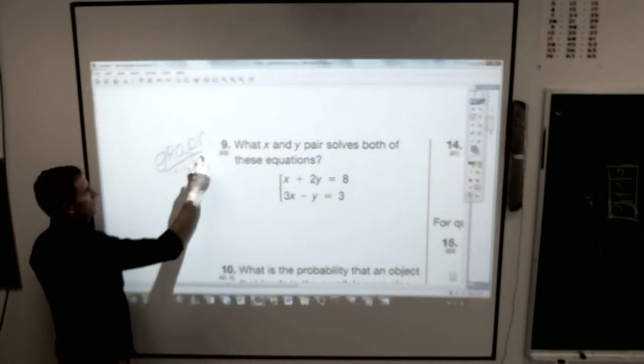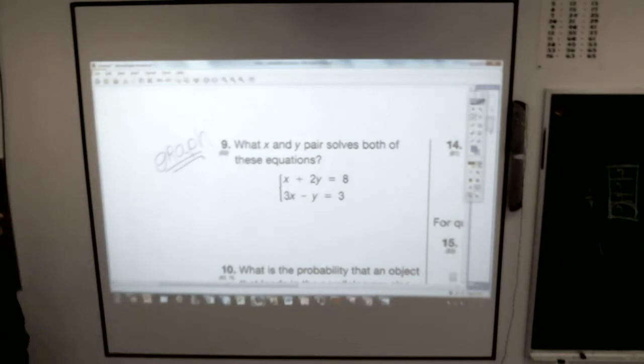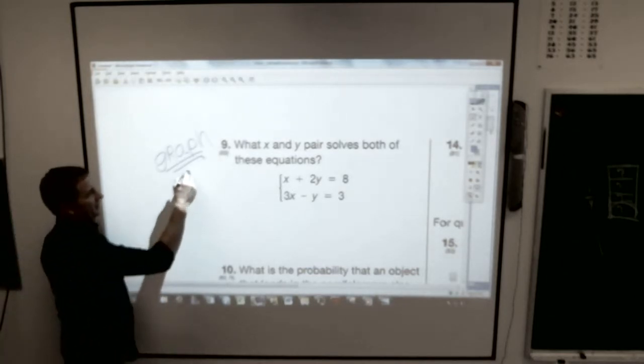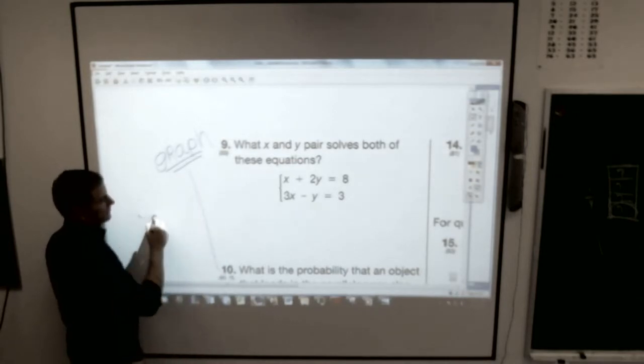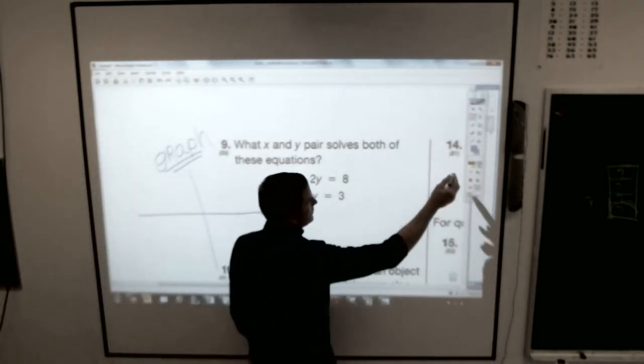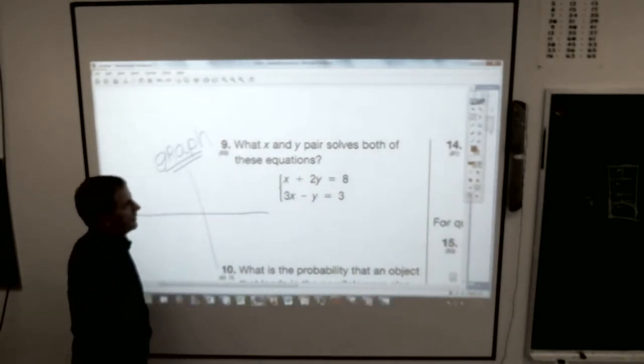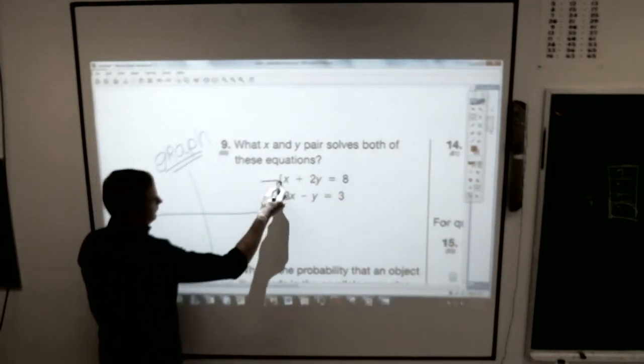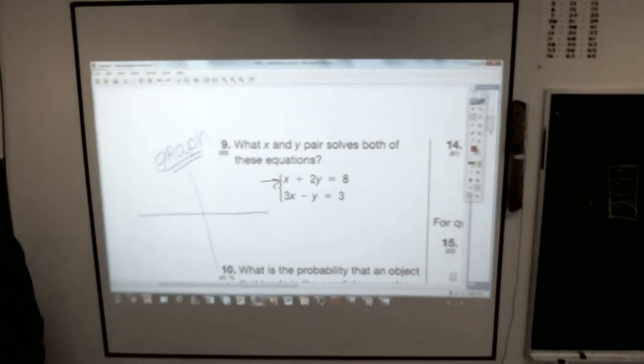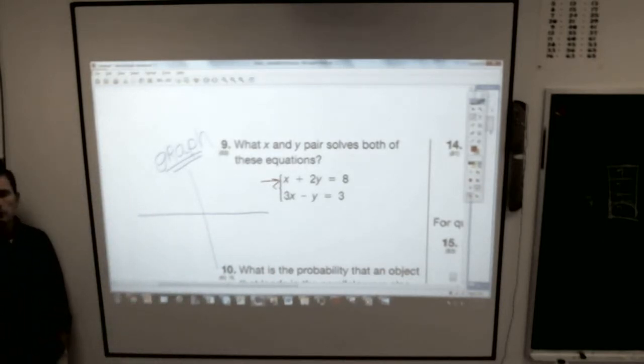Number 9, you're gonna want to graph those two lines. See where they cross. You could do trial and error, that might take you a while, I don't know. Again, graph paper would be good tomorrow. Maybe I'll shoot you a piece, help you out. How do I graph this first one? Actually, how do I graph both of them? Those are both in standard form, so you do what? X and Y intercepts.